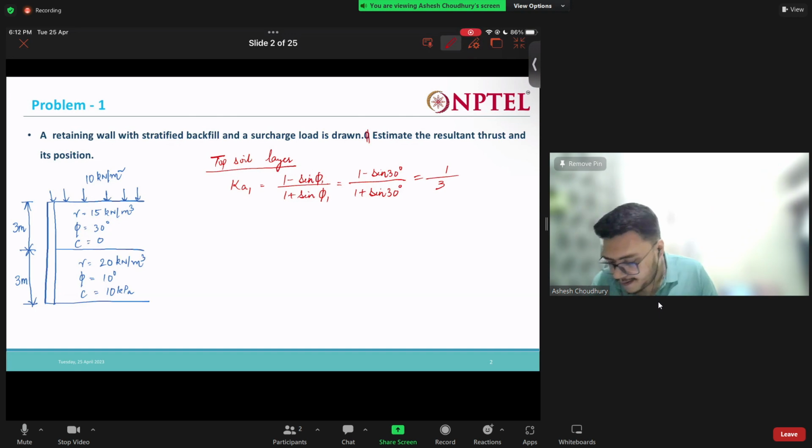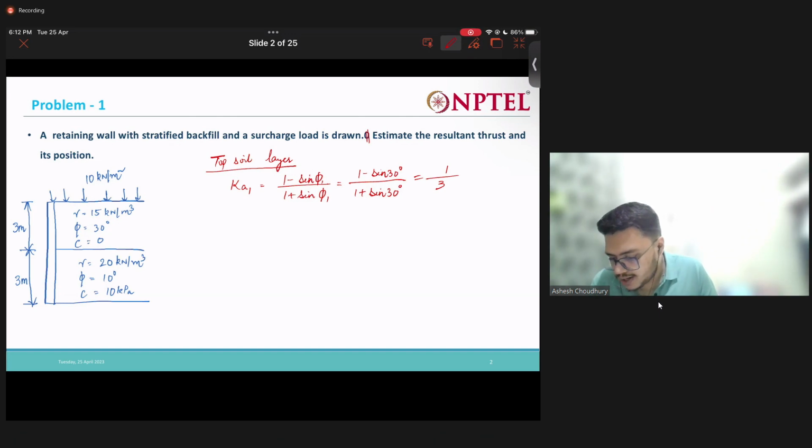Next, we need to take into account the effect of the surcharge. Due to the surcharge, a little earth pressure will act. Let us write small pa1, which is nothing but 10 into 1 by 3, equal to 3.33.